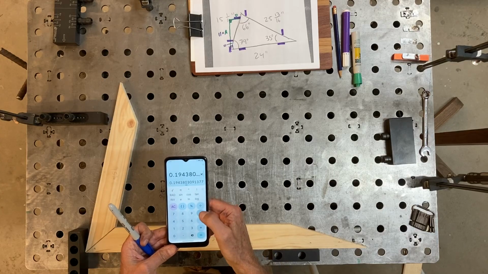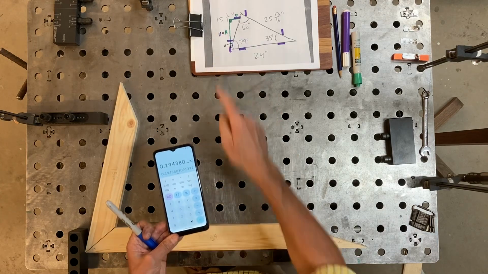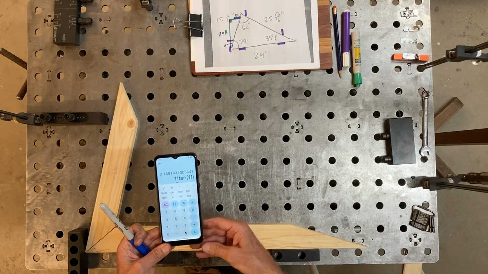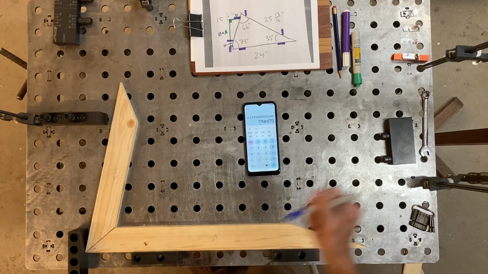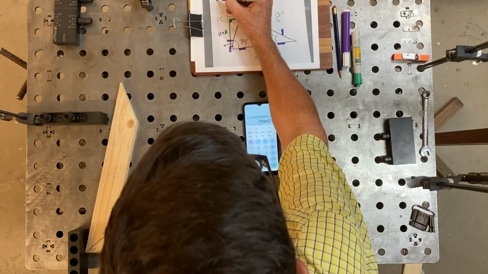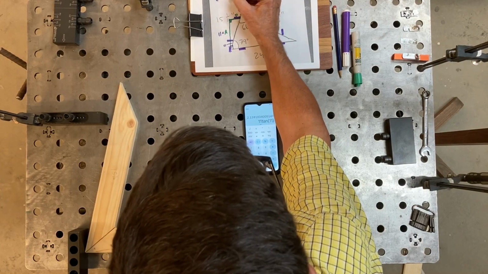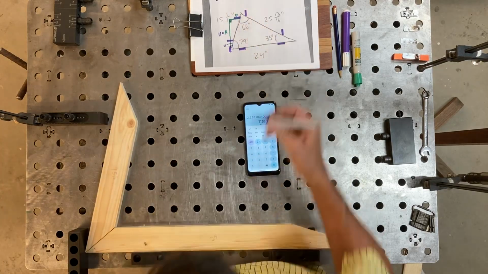We're going to multiply that times A. So that equals 2.138, which is equal to O.